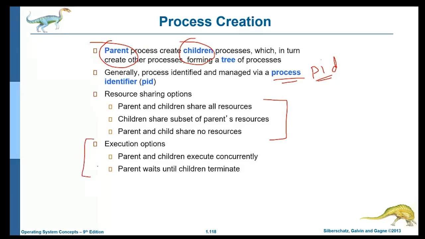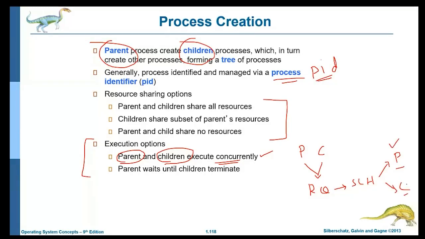When a child is created, the parent and the child can execute concurrently. They both get into the ready queue, and then the scheduler selects any one of them. It can select the parent to run first or the child to run first, in any order, but they have the ability to run concurrently.